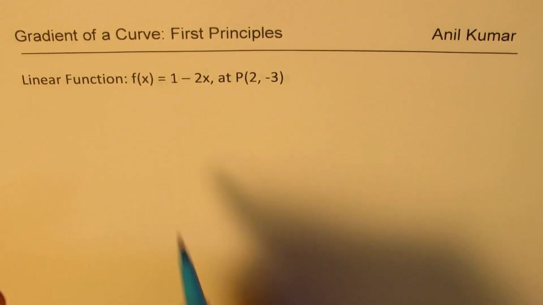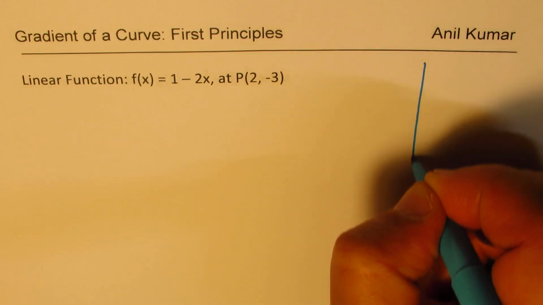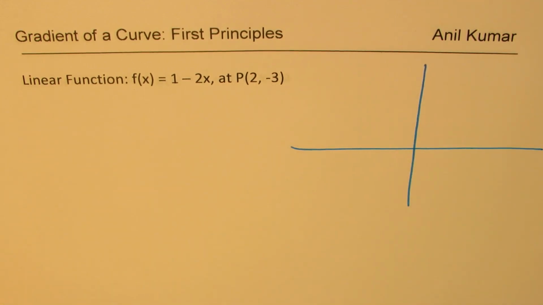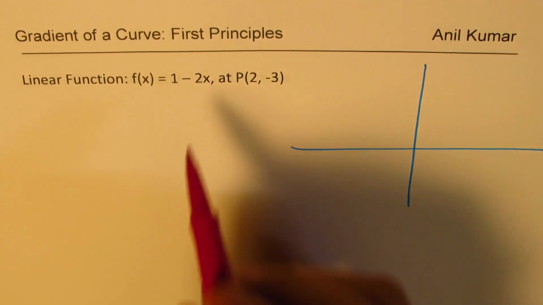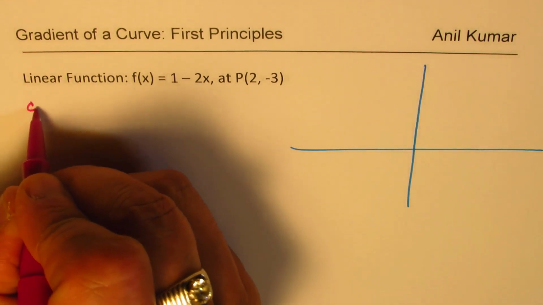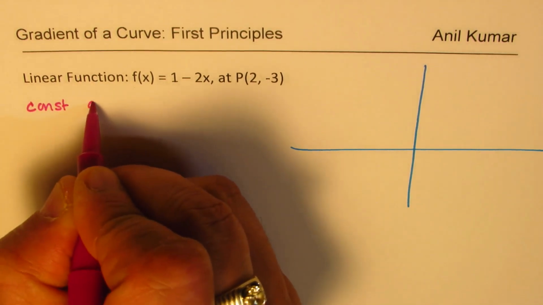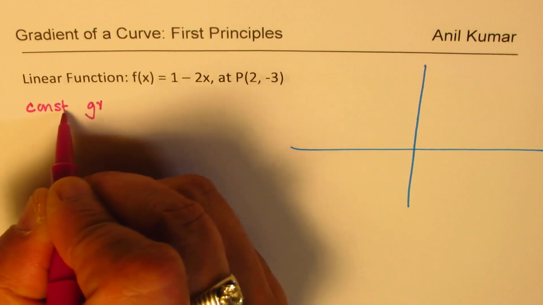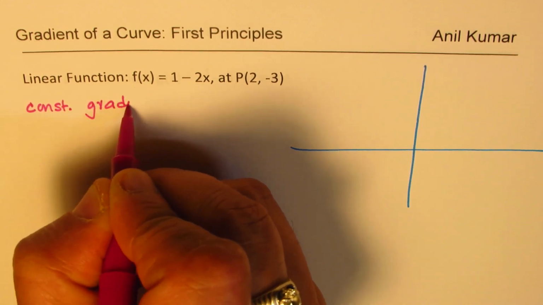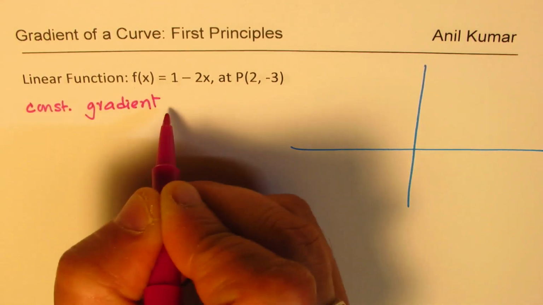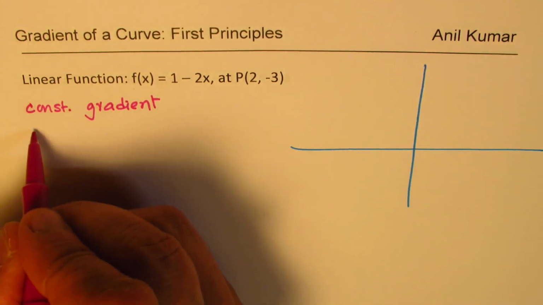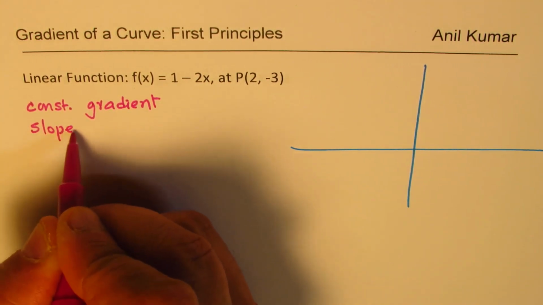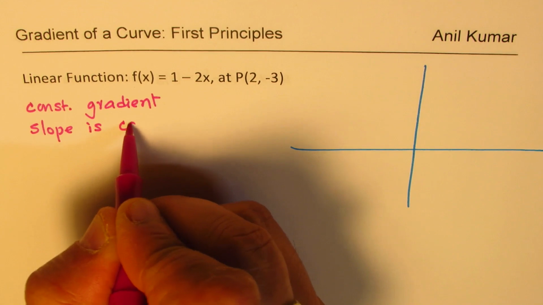Now, straight lines are unique in a way that we have a constant gradient. Constant gradient means the slope is constant.